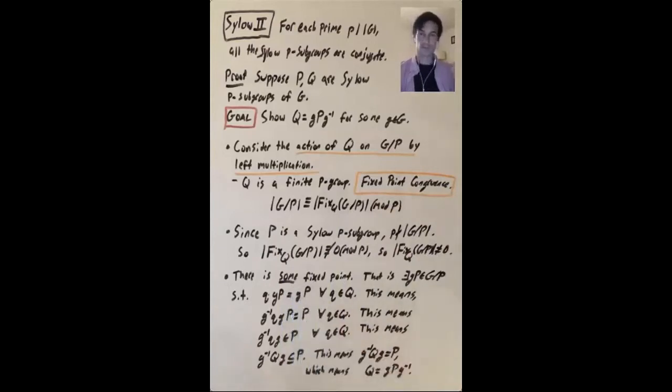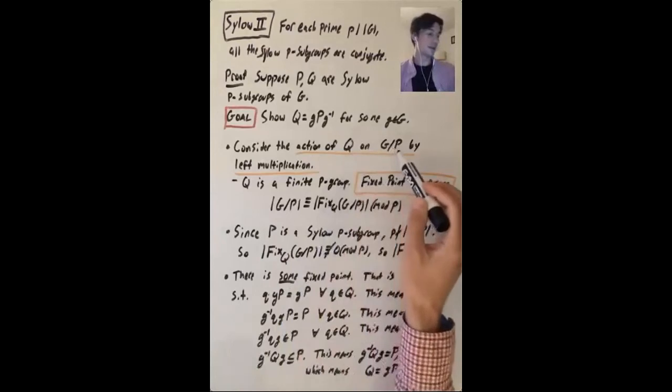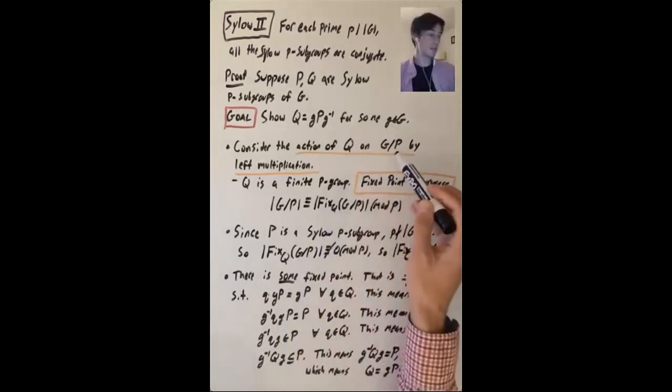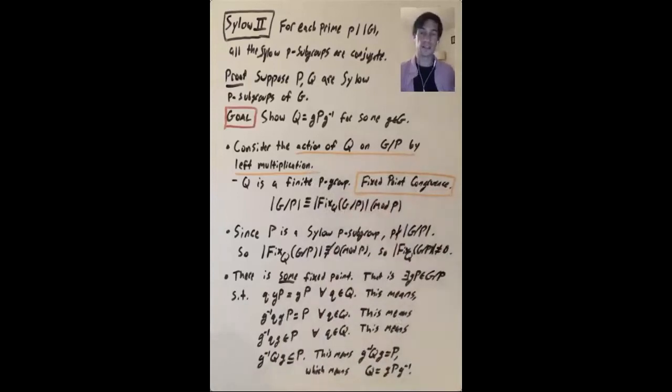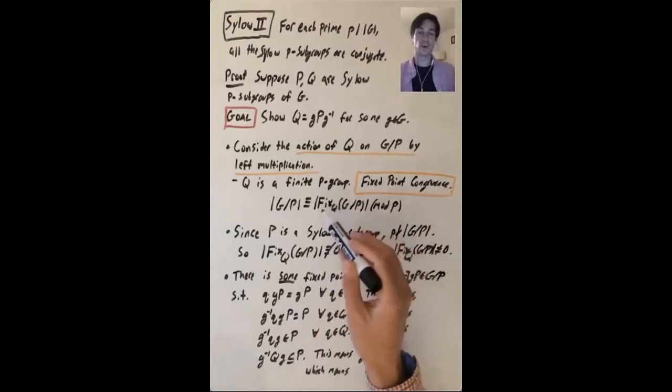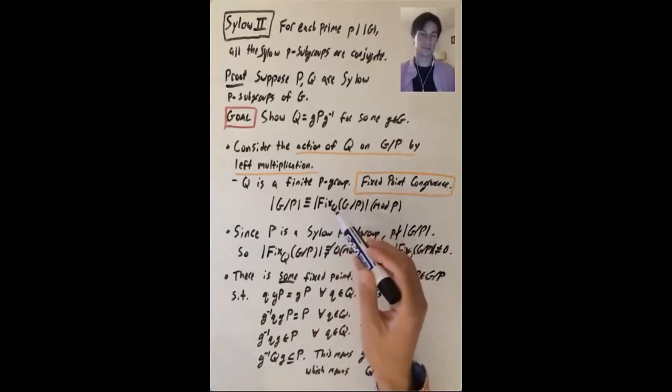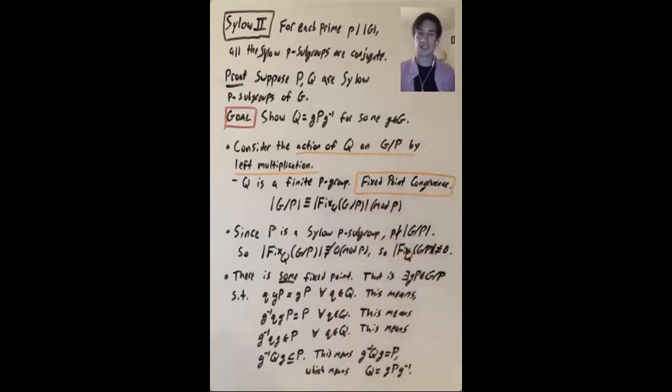Taking a step back, we have this action of Q on the left cosets of our other Sylow p-subgroup by left multiplication, and applying the fixed point congruence tells us that there are some fixed points of this action. Let's name this fixed point.